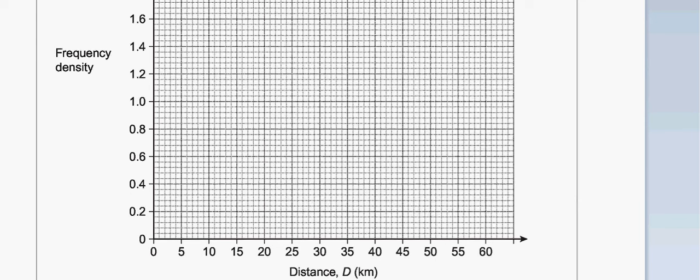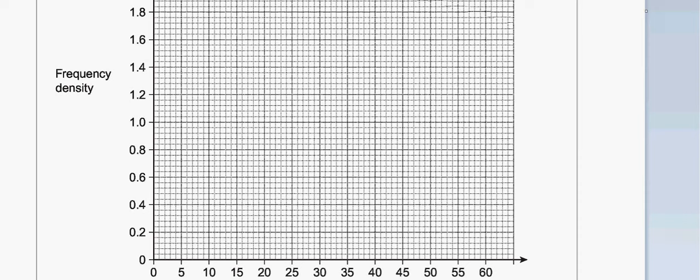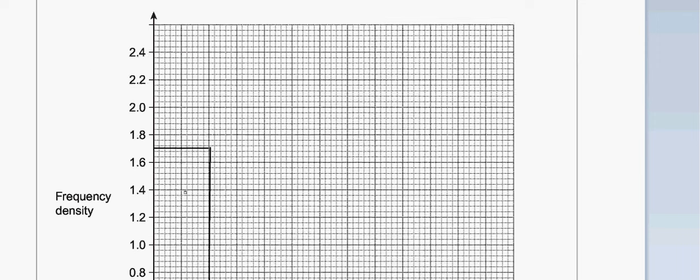So I just need to scroll this a little bit more. 1.7, now from here is 1.6 and that's 1.8, so 1.7 will be there and my bar would go to there. So there's my first bar, that's from 0 to 10.